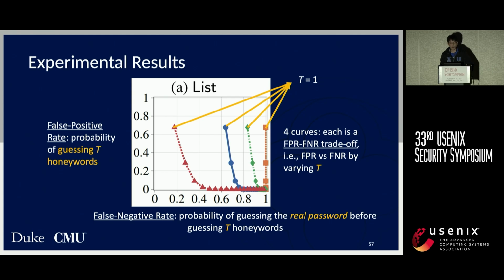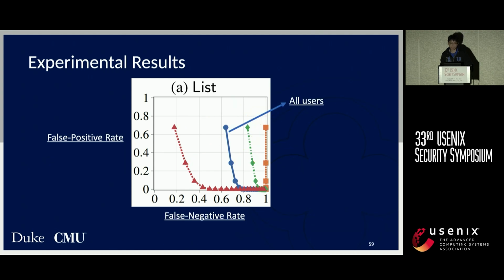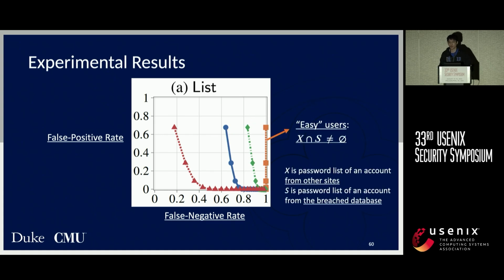For example, in one curve, the leftmost point refers to the setting where the threshold t is equal to 1, and we obtain the successive points by increasing t. The blue one refers to the evaluation for all the users. The orange one refers to the evaluation for easy users, whose password list from other sites and those from the breach database intersect.